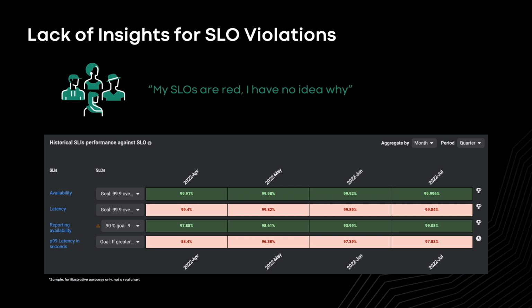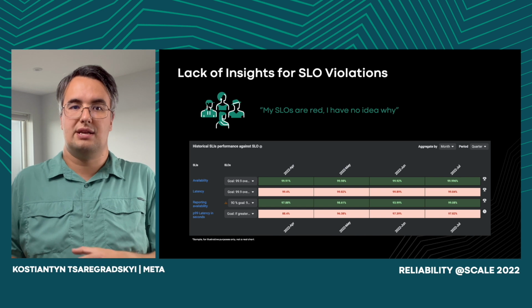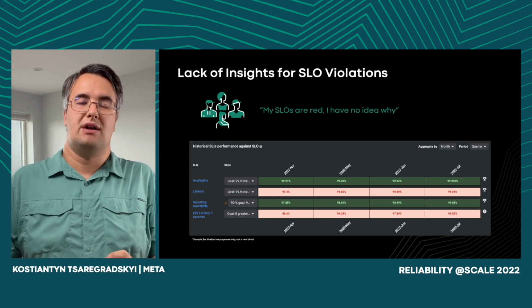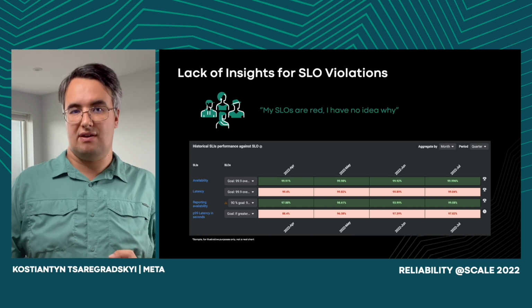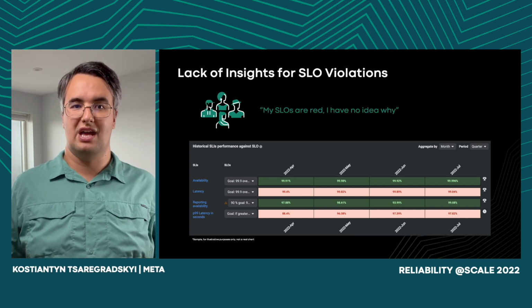That's why Sleek should have a way to give some actual guidance on how to improve the reliability of the services. In order to do that, we need to be able to draw conclusions from past SLO violations, or from the events that led to SLO violations.